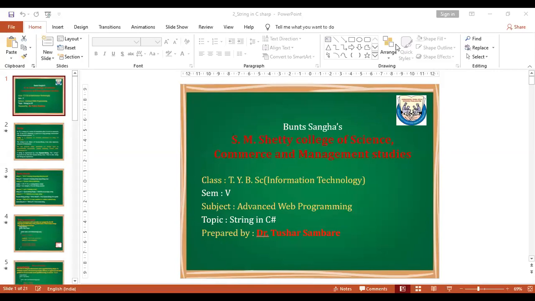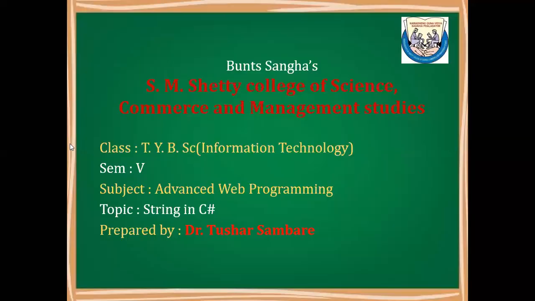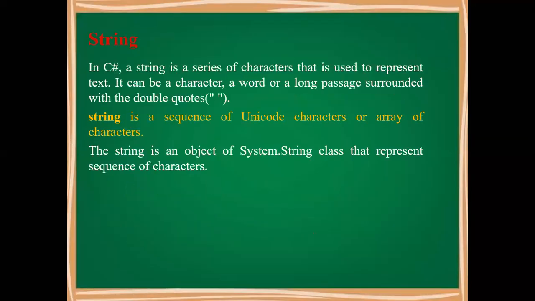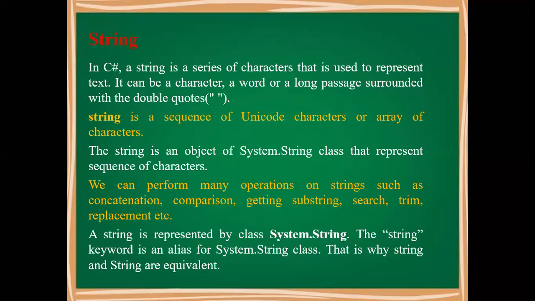Okay. Before we go to the next particular string function, let us observe the previous ones, what we have done. So first we have gone through string definition. Then string variable.